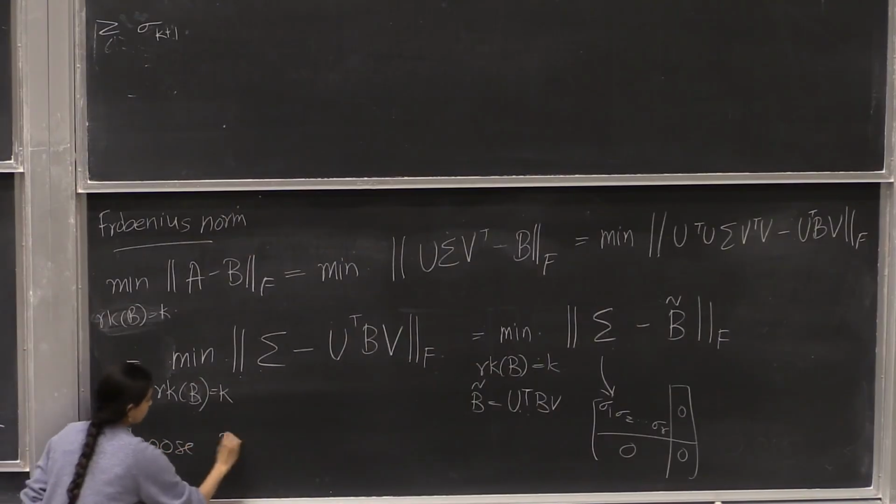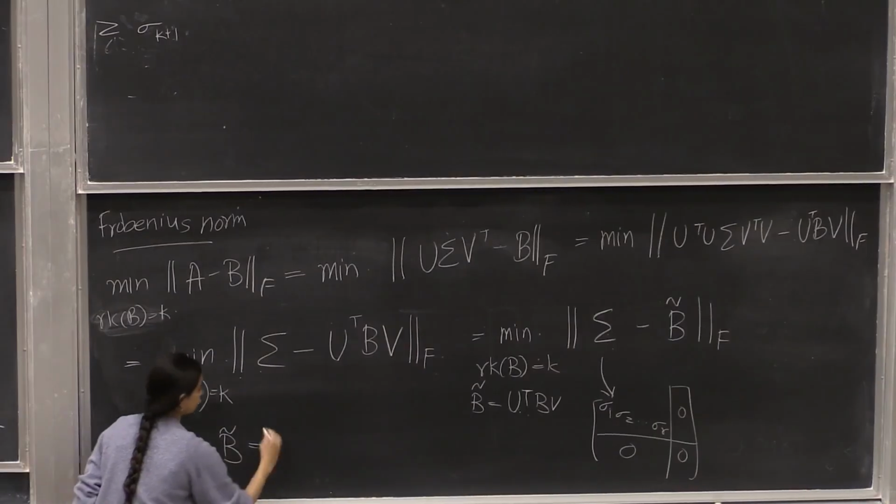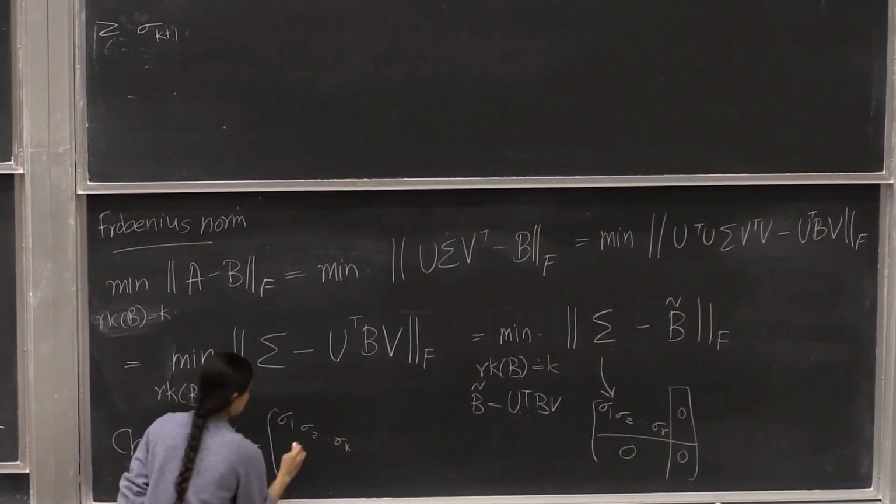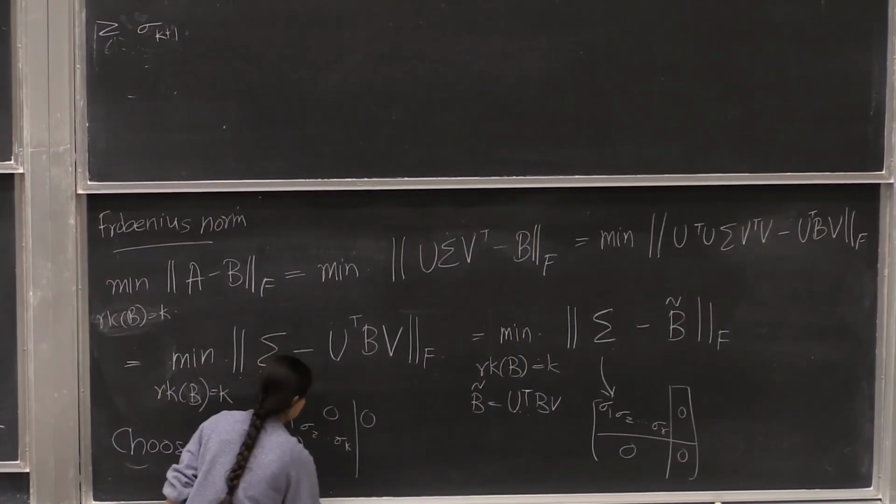So just to write this out, choose B twiddle equal to sigma 1, sigma 2, sigma K, 0, 0, 0.